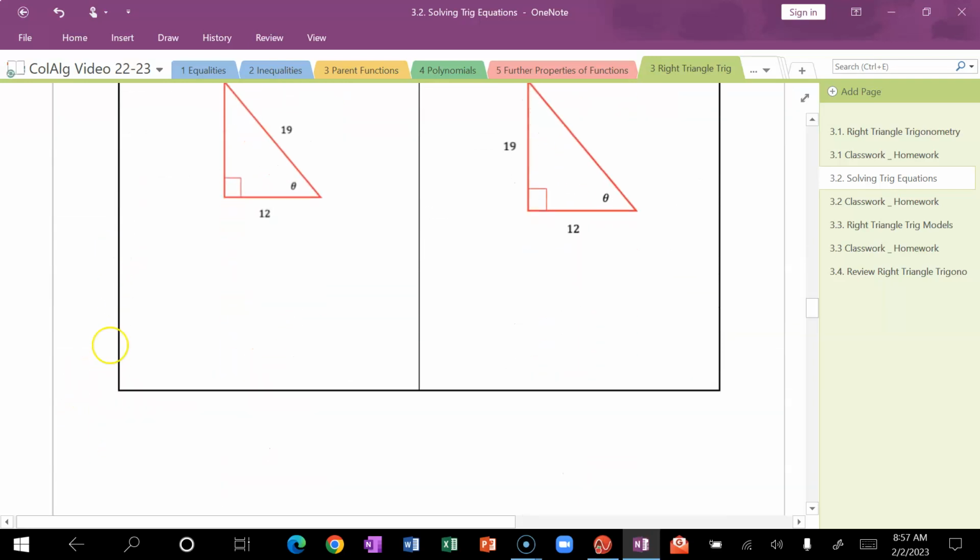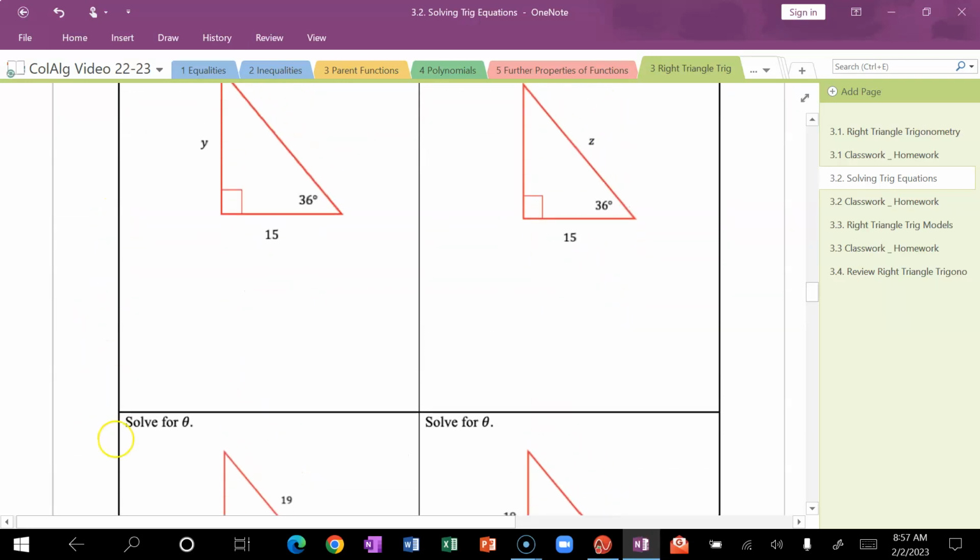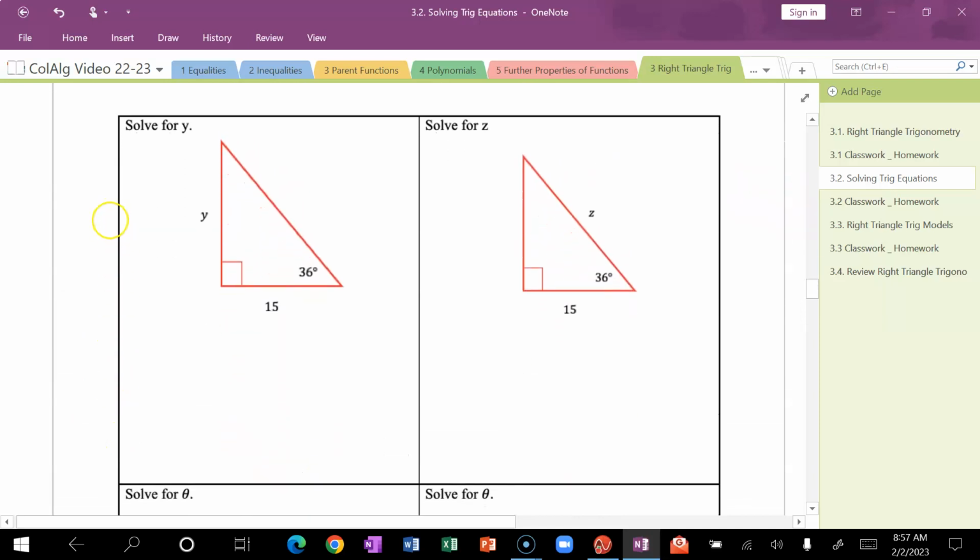Let's look at a few examples here where I have it visually. We're going to do word problems later that allow us to do things like this, but solve for y. Now what you need to do is recognize what I'm looking at. Looking at that angle of 36 degrees, side y is opposite. Side 15 is the adjacent side.